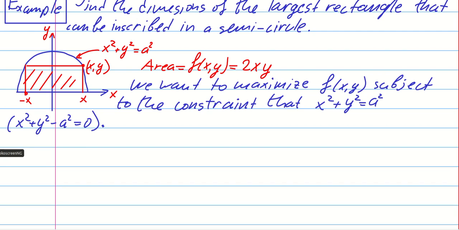Let's start. Let a function g of x, y be equal to x squared plus y squared minus a squared.